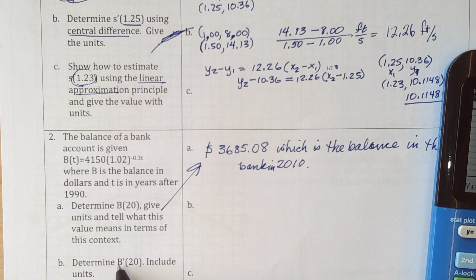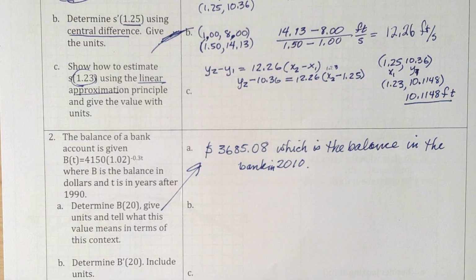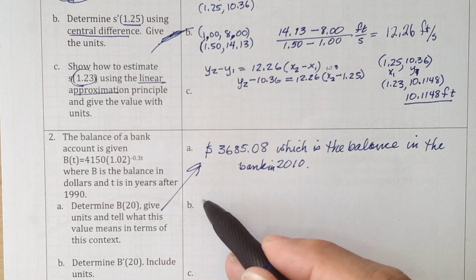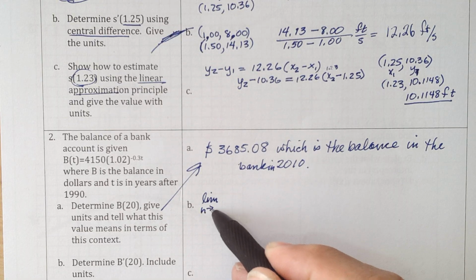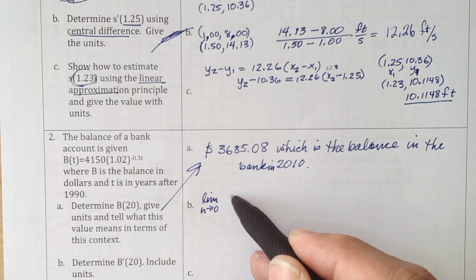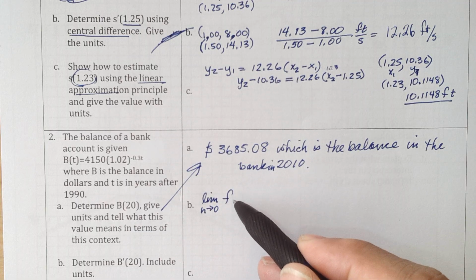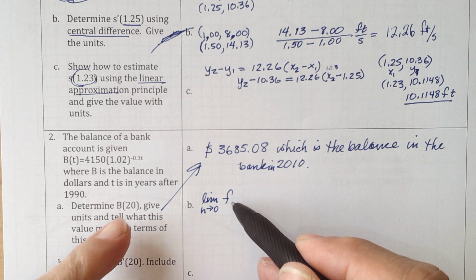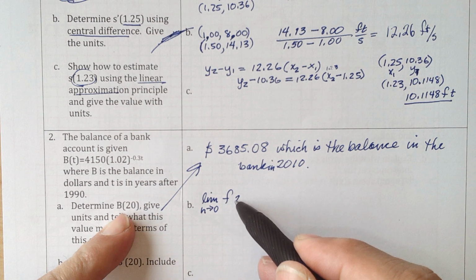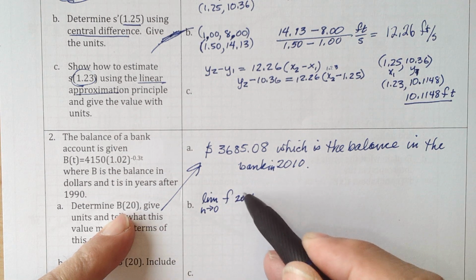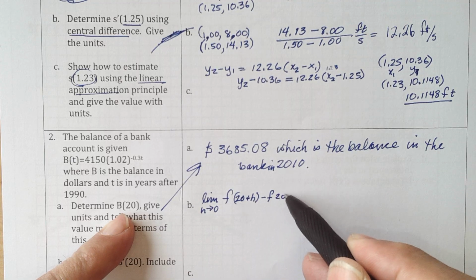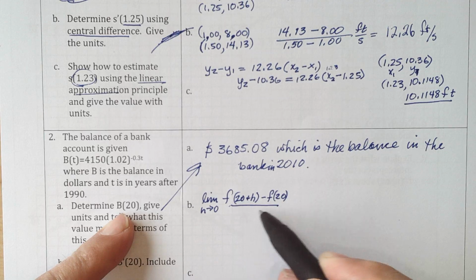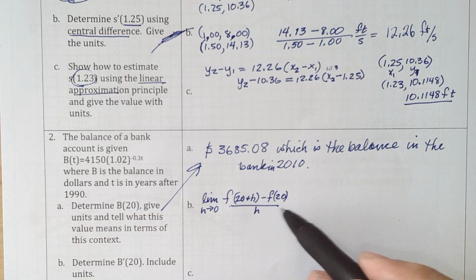Now, determine b prime of 20. Now, we could do that with the limit definition of f of wherever we're looking, and in this case we're going for a equal 20, 20 plus h minus f of 20 over h, and let h go to 0.